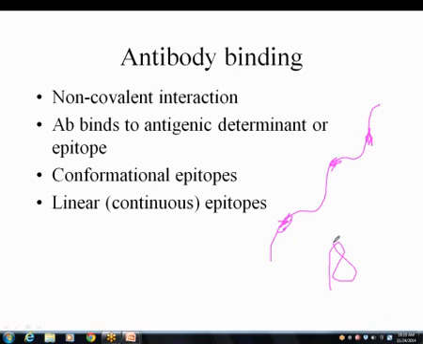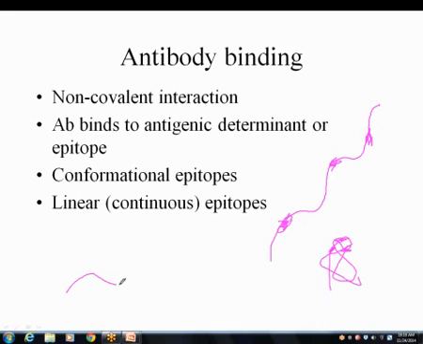You would only recognize it if it was folded appropriately, in say, these three areas were close together. So this would be a conformational epitope. When it's folded, it can get recognized by antibody. But if this was denatured and became linear like this, antibody would not be able to bind to that particular site again. Not that it wouldn't be able to bind to that antigen, but not that particular epitope. That epitope has been rendered useless.